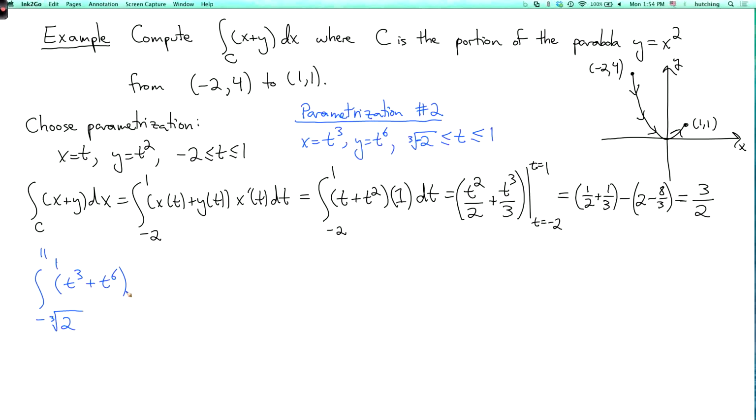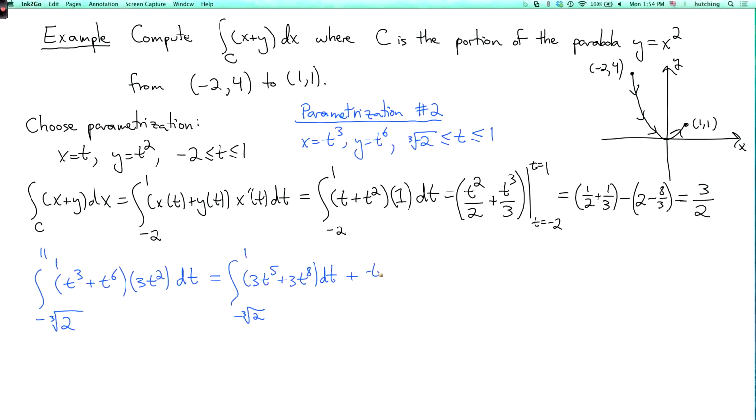I have to multiply by x prime of t. Now x prime of t is 3t squared. And I put in a dt. Okay. So this is the integral from minus the cube root of 2 to 1 of 3t to the 5th plus 3t to the 8th dt.